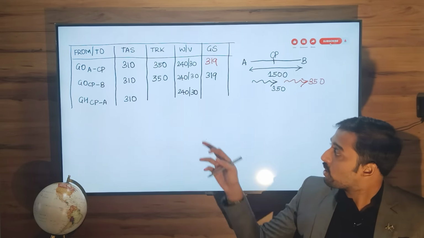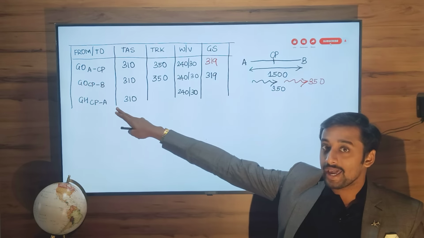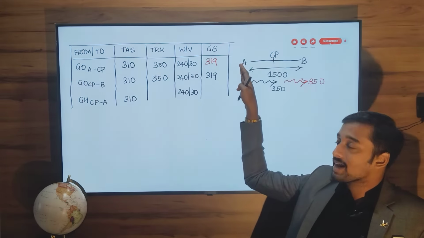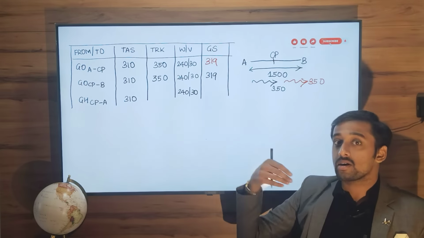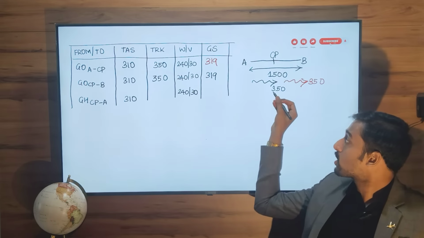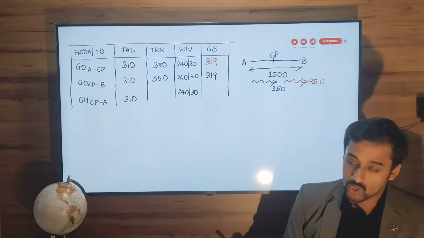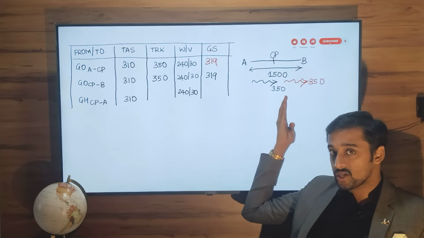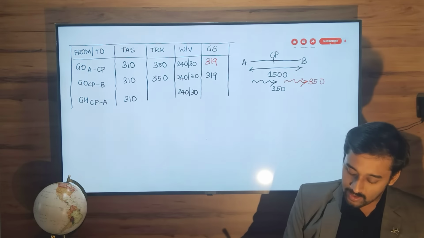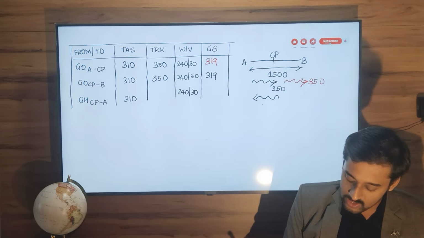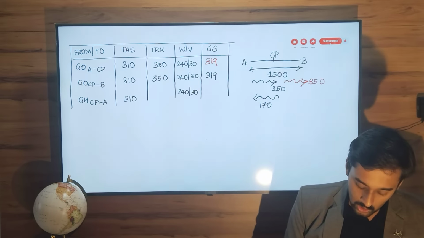Now when you are coming back from critical point to A, your direction of flight will be the reciprocal of the outbound direction. If outbound direction is 350, homebound direction will be the reciprocal, which is 170.